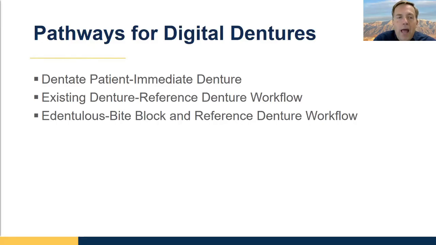The key with this is you have to get the patient to bring in their denture. And we'll talk about some ways you can financially penalize them if they don't, to help them be motivated. The main thing that's really important to communicate with them is that you're using their existing denture and you have to figure out how to verbalize this so they understand it as a custom tray.